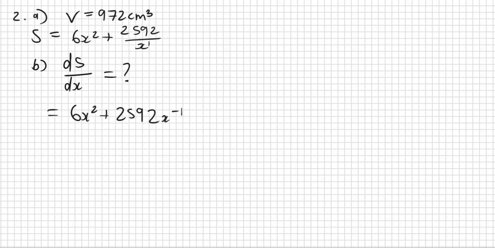And then to find the first derivative, if we have any function a times x to the power of n, the first derivative is n times a, x, and then you minus 1 from the exponent, so n minus 1.